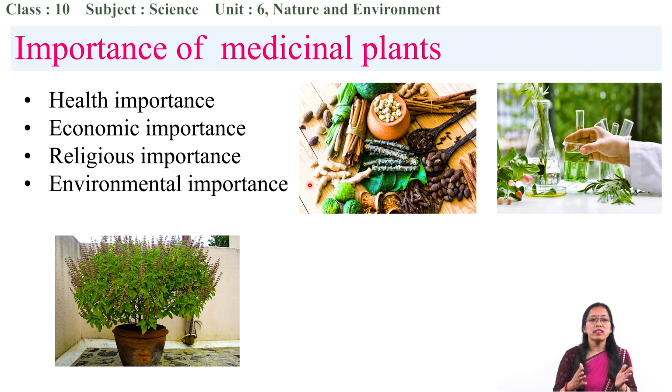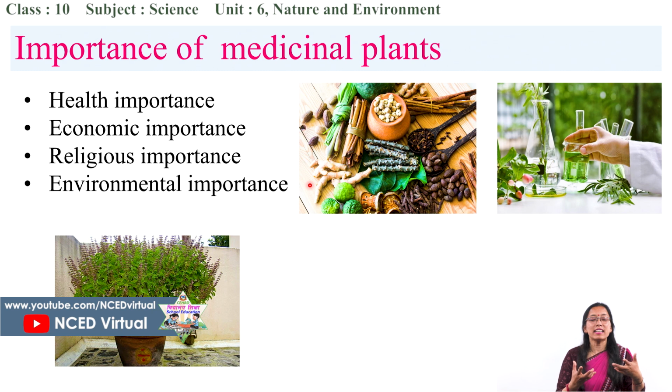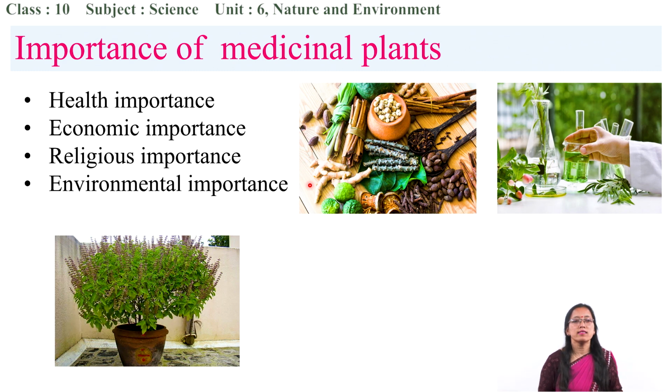So these are the four aspects, the different perspectives, of medicinal plants: health importance, economic importance, religious importance and environmental importance. Next, these are the overall importance of different kinds of medicinal plants.